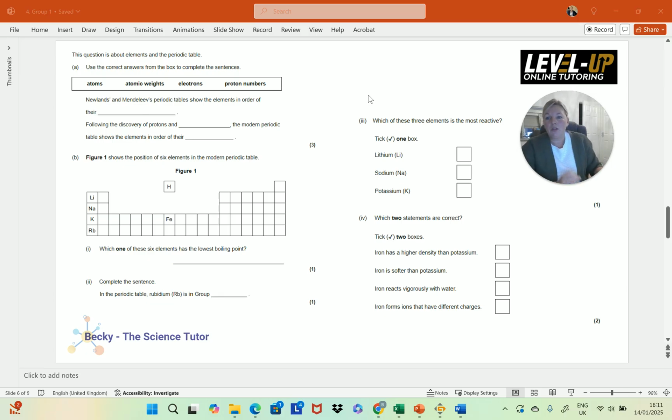So it says Newland's and Mendeleev's periodic table showed the elements in order of their atomic weights. Okay, we didn't know about protons to begin with, so we couldn't put them in proton number.